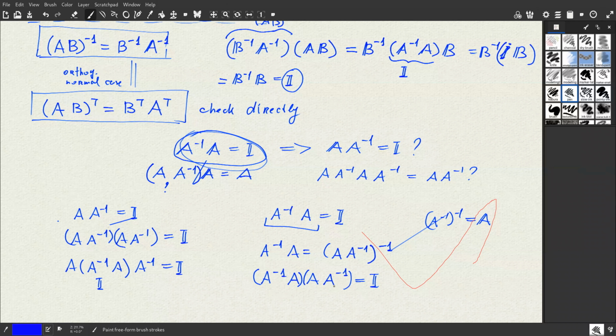Okay, now what can we do? If we multiply on the right, so we have A minus 1 A equals, we multiply by A on the right using this property, therefore we get A, and what we want to multiply by, and A minus 1 inverted is identity.